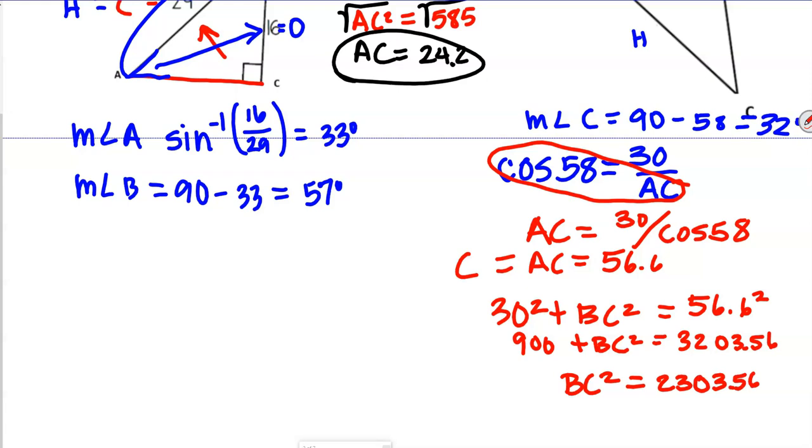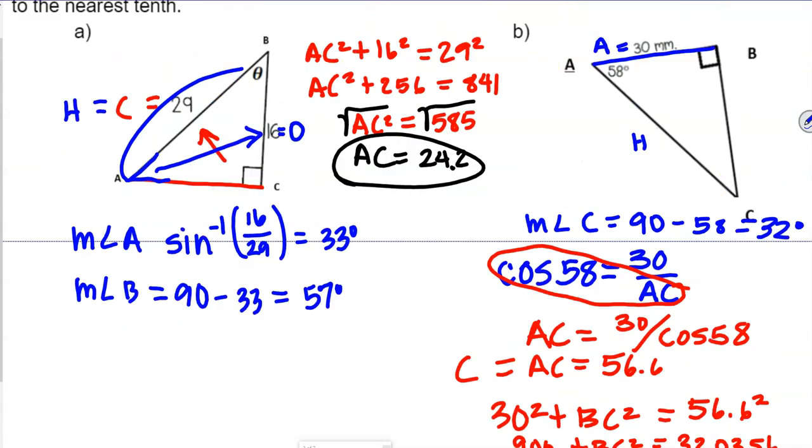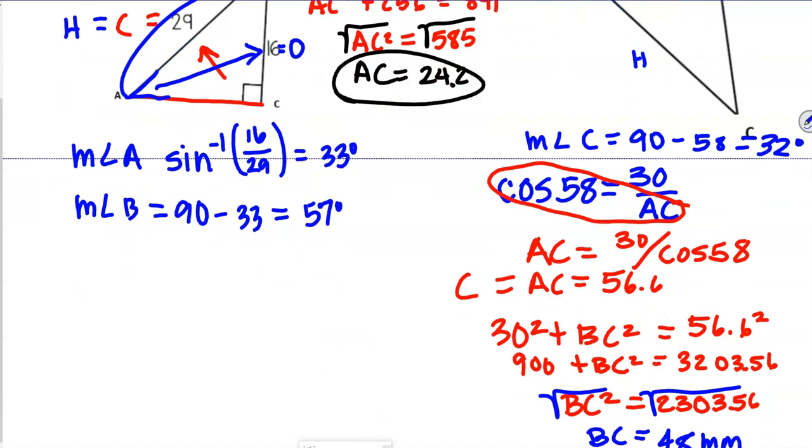And then we're going to take the square root of both sides, don't forget. Okay? So BC it actually was 47.995, so we're going to say 48, okay? And I'm pretty sure that was millimeters, yes. I don't know if I put, no, the other one didn't have a unit on it. On the test, you're not going to put units anyway, okay?